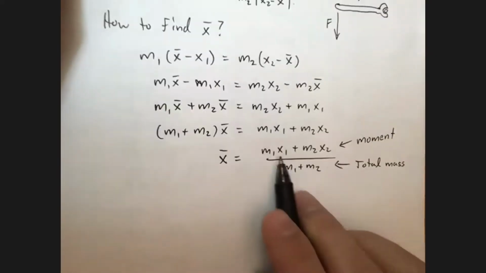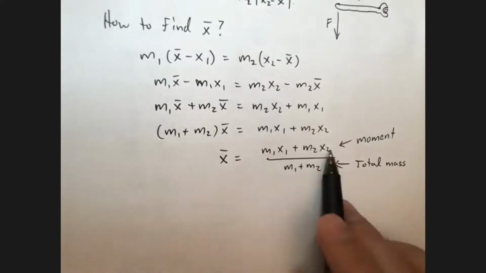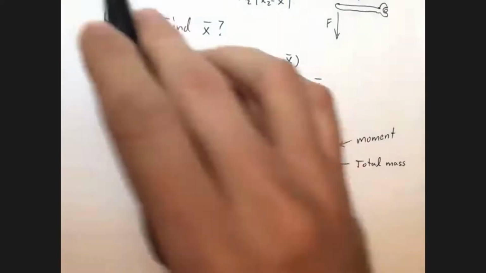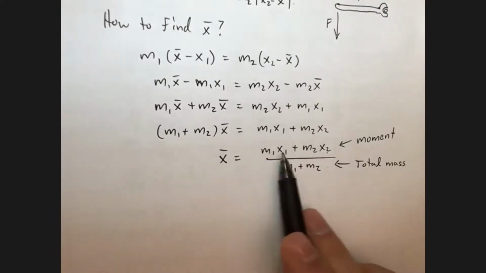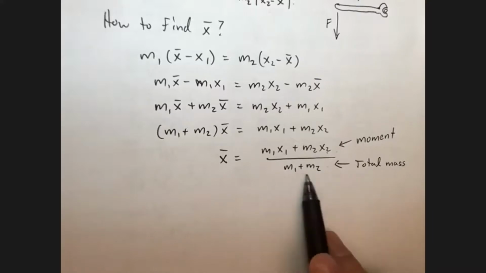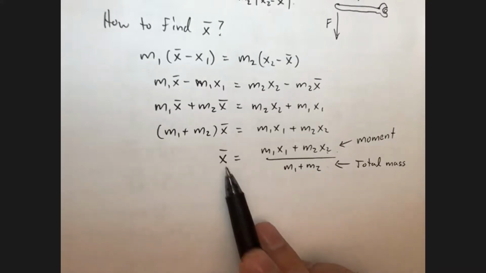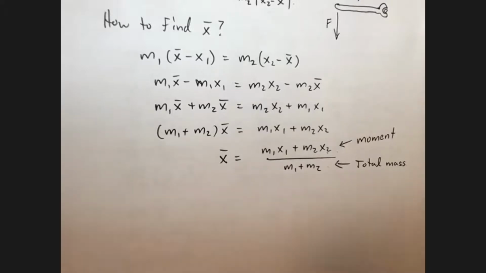As long as you fix coordinates, however you decide to fix them, you could just run this formula, and this will be the center of mass with respect to that coordinate system. So it doesn't even matter how we set things up to begin with. This is a one-dimensional situation.